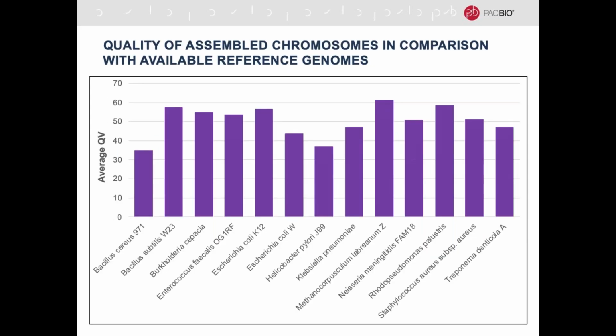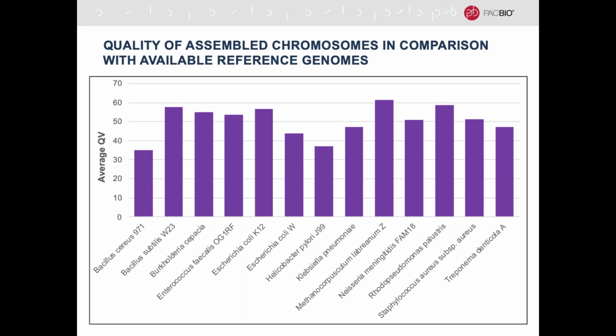What about the quality of those contigs? To assess that, we compared our assemblies against some reference genomes that were available and calculated the average quality value for each of the species. We actually found that a couple of the references didn't seem to match, so we think there was some mislabeling, and those have been excluded.